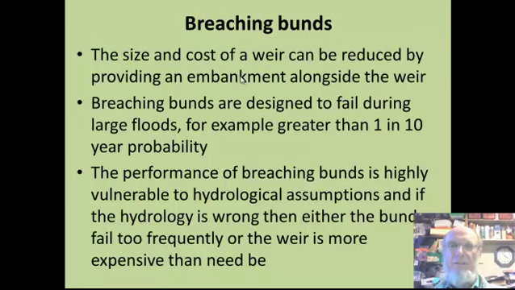Breaching bunds are designed to fail during large floods, for example, greater than 10-year probability. But the actual performance of breaching bunds is very dependent on the hydrological assumptions, and if the hydrology is wrong, then either the bunds fail too frequently or the weir is more expensive than it needs to be.